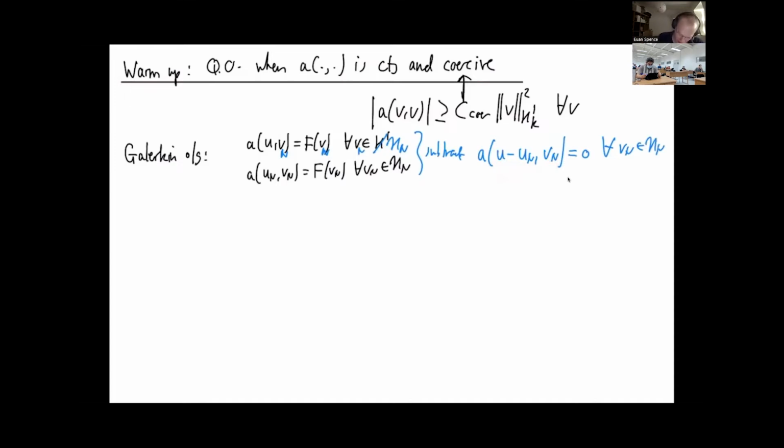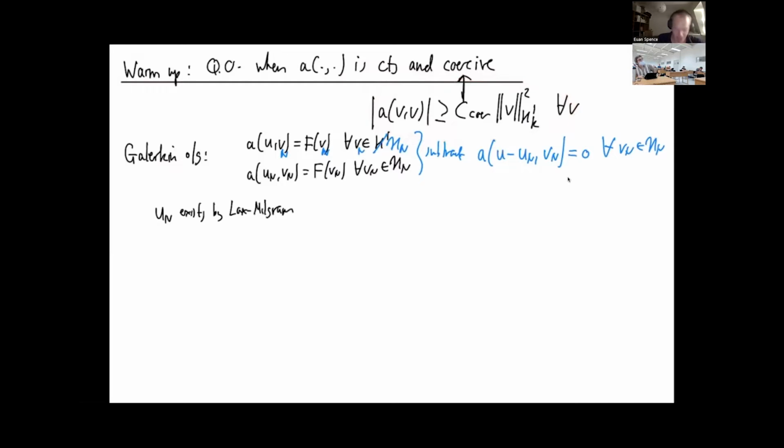Okay. So let's prove now under this coercivity condition that we have quasi-optimality. First, the Galerkin solution exists thanks to the Lax-Milgram theorem, right? The Lax-Milgram theorem gives you existence of a solution of your variational problem under coercivity, and the same argument now works, just working in a finite dimensional space Hh rather than H1.